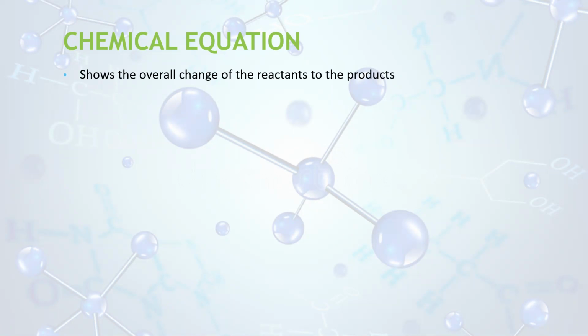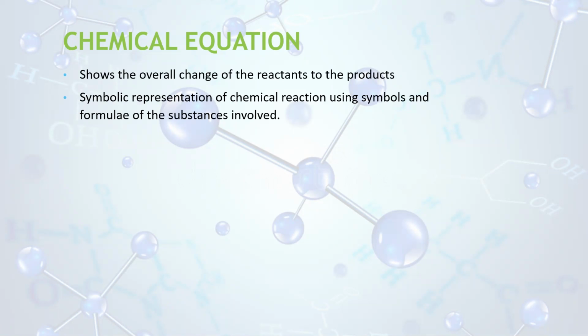So, in a chemical equation, we use the symbols of the substances involved in the reaction, or we can define the chemical equation as the symbolic representation of a chemical reaction using symbols and formulae of the substances involved.